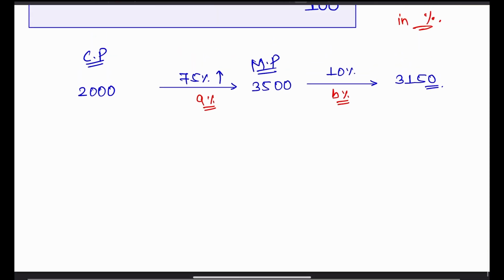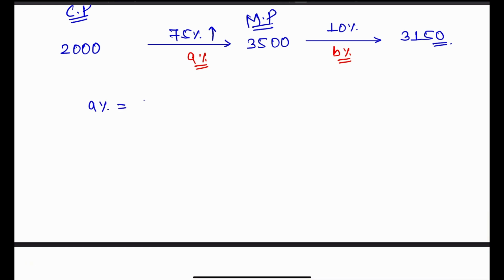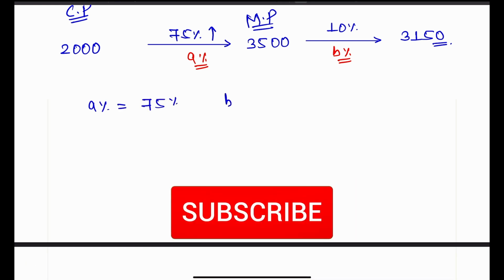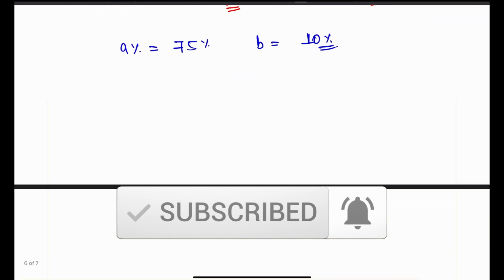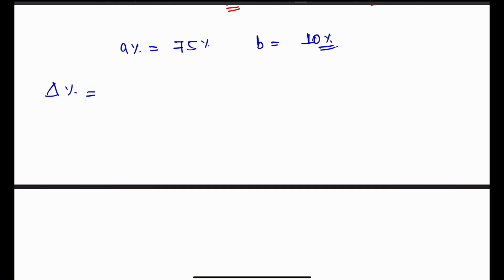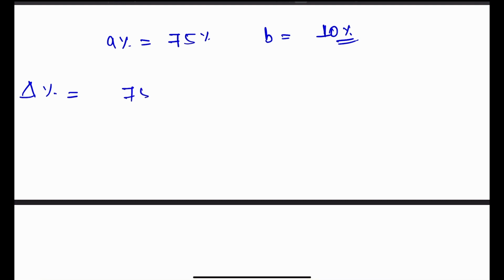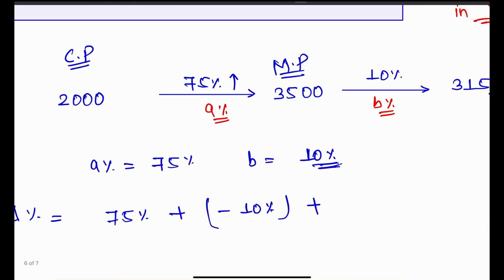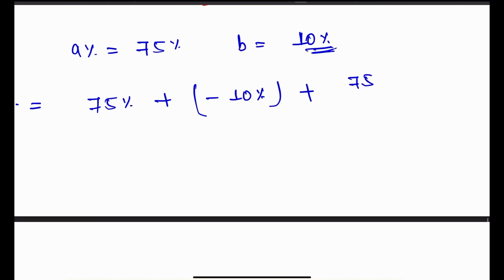A percent is 75% and my B percent is 10%. So according to this formula, the percentage change of profit in this case is A plus B plus A into B by 100. Because we know that this is decreasing, I will write a minus sign. So my A is 75, and B is 10, divided by 100.